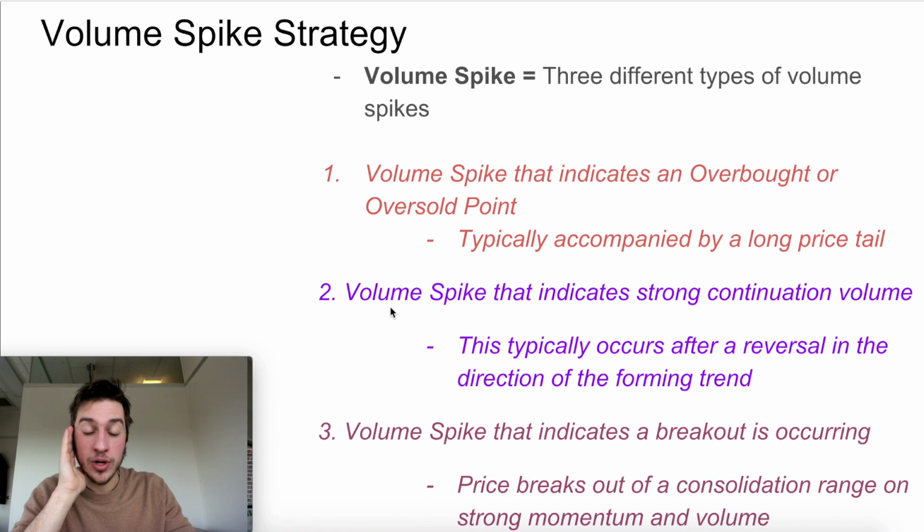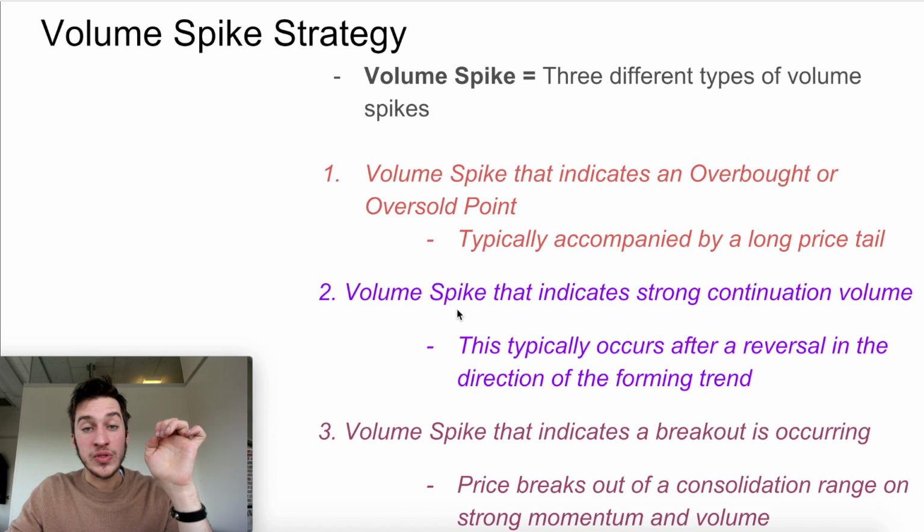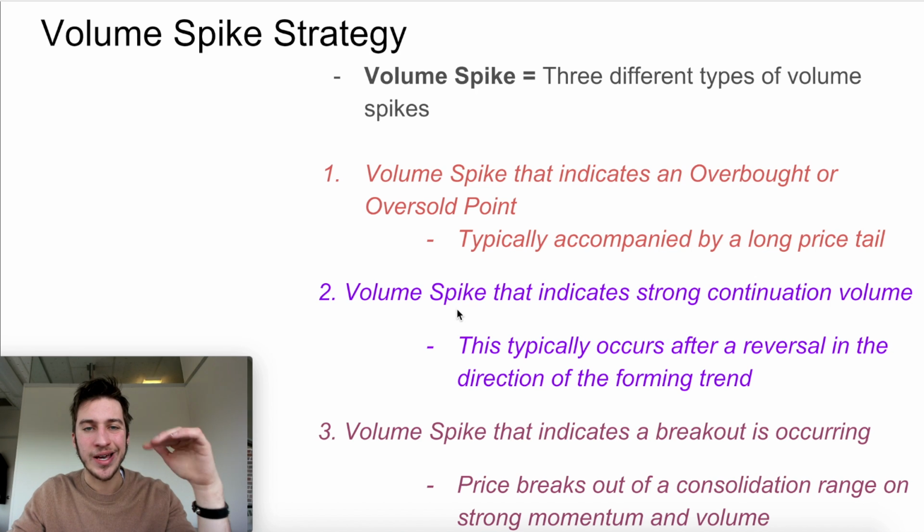So number two is strong continuation volume. I said this one's a bit more complex and harder to identify, but it still is very important. This is also known as basing volume because it's the volume at the base of a trend, and this typically occurs after a reversal in the direction of the new trend. So if you see price going down, and then you see a volume spike that indicates oversold, and you think that the price will now begin to go upward, what you need to see is very strong momentum and very strong volume in the direction upward, because that shows you that demand for the asset is high, that the downtrend is likely over, and that the uptrend has likely begun.